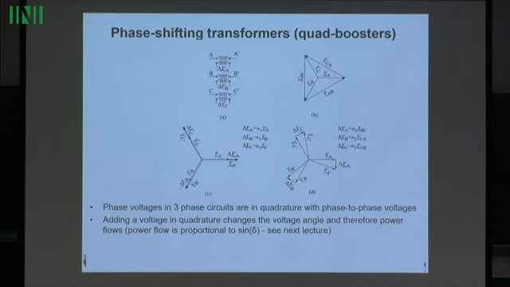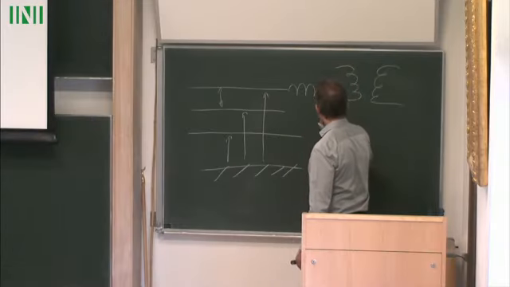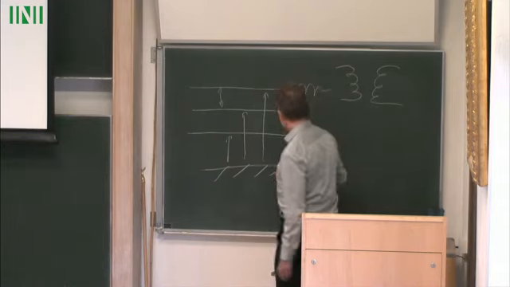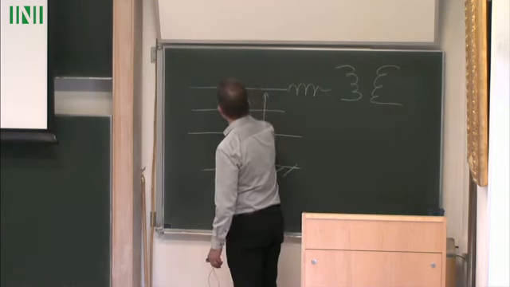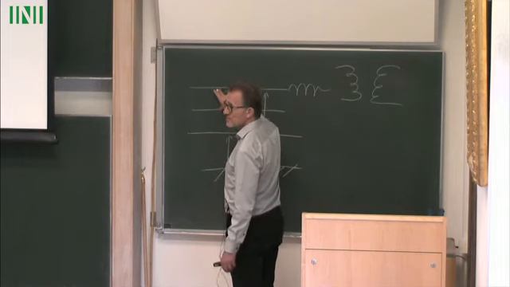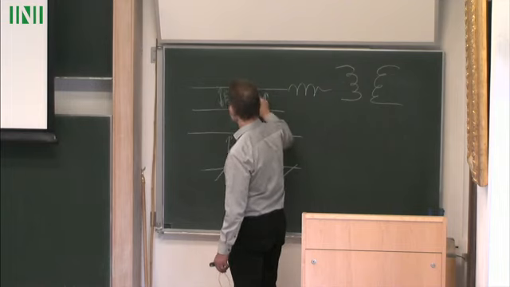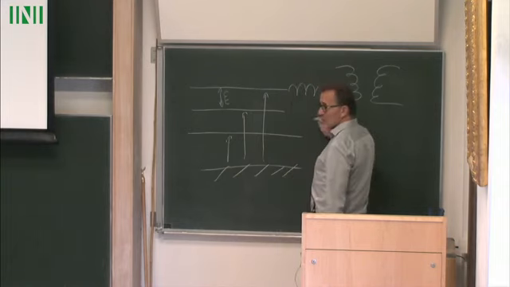So normally a transformer looks like that. You have a primary winding and a secondary winding, so across the transformer you change the voltage. This arrangement is slightly different. Let's say you have three phases. Your primary winding will be here. It will take the voltage across between phases, which is in quadrature, at 90 degrees with one of the angles, but its secondary winding will be here, on the same transformer.